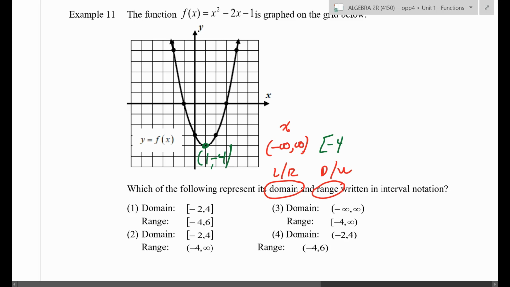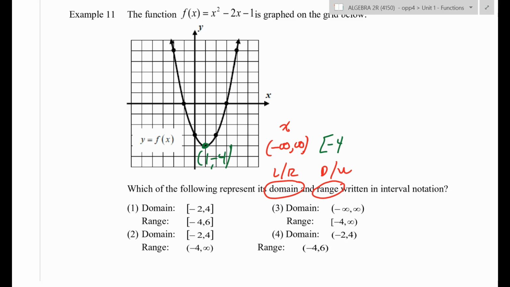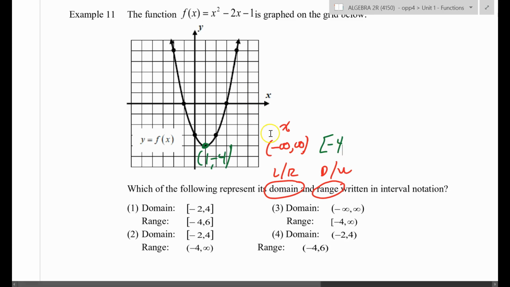I put a bracket. Why? Because I'm physically able to touch that value, right? So now I have to go furthest up, and I have some options. I can go to the left or I can go to the right, but it doesn't matter because either way I go up, up, up, up, up to infinity with a parenthesis because I can't touch it.